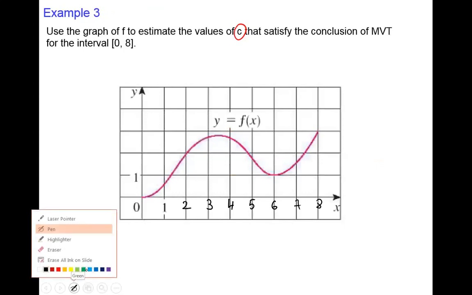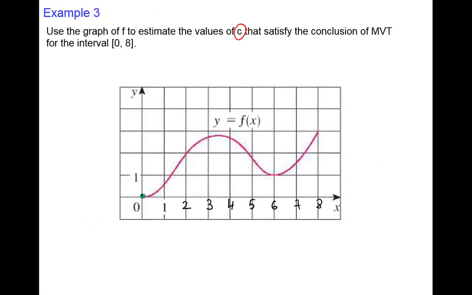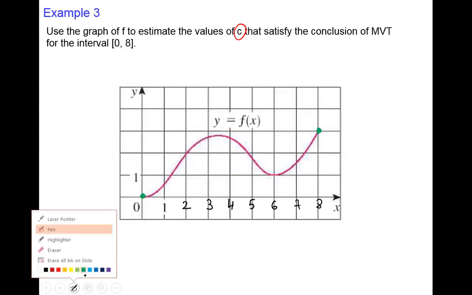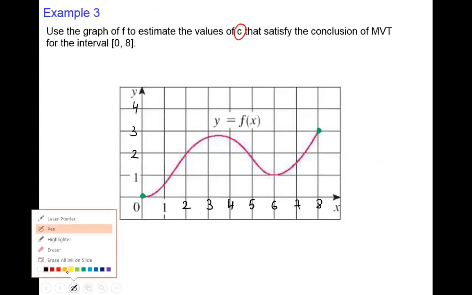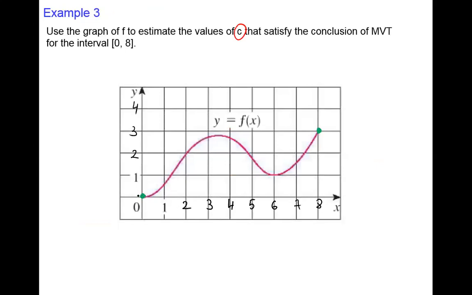Let's save blue for the C. This is 0, and that's the value for 8. I can also label 1, 2, 3, 4. Now I will connect these green dots.